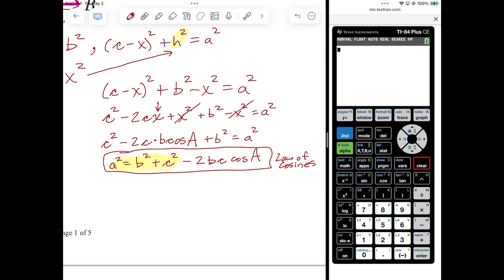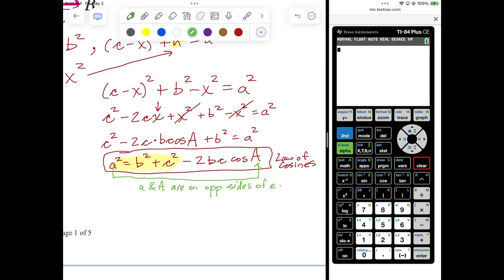First of all, I want you to notice that we have little a on the left and big A on the right. Little a and big A are on opposite sides of not only the equation, but also opposite sides of the triangle.